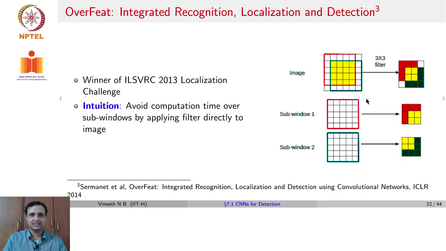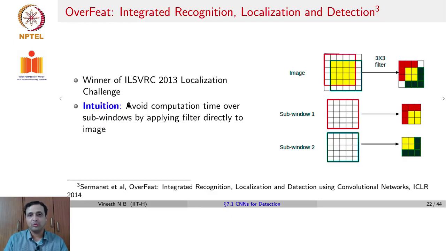One of the first successes of a good localizer in CNNs was OverFeat. OverFeat was the winner of the ImageNet Localization Challenge. Every year, ImageNet, in addition to having the classification challenge, also had a localization challenge, and OverFeat was the winner of this challenge in 2013.